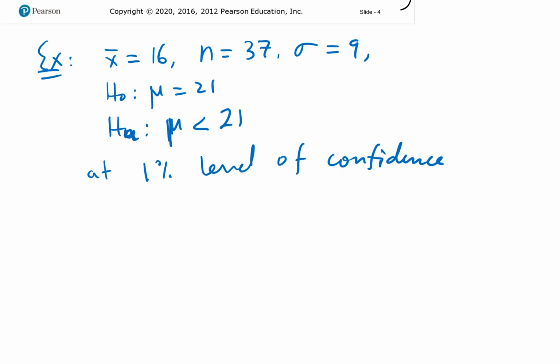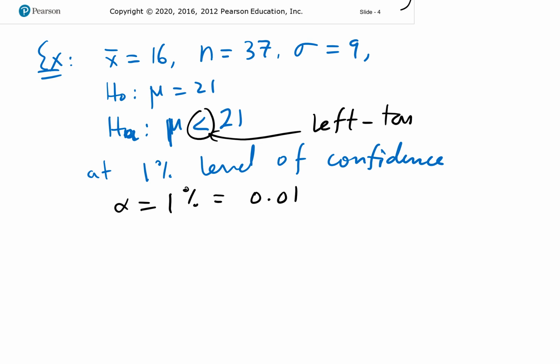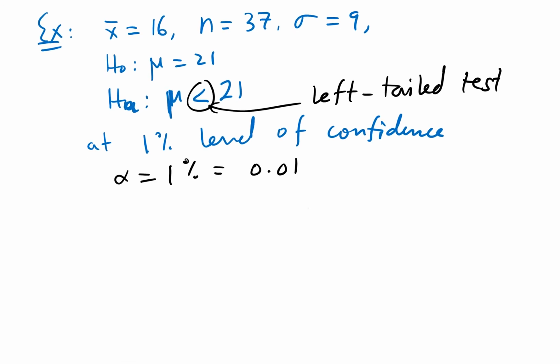So what do we need to do here? This is alpha, actually. Alpha is 1%, so it's 0.01. Less than tells us it's a left tail test. So we find z sub 0 here. I'm going to show you using the p-value method.